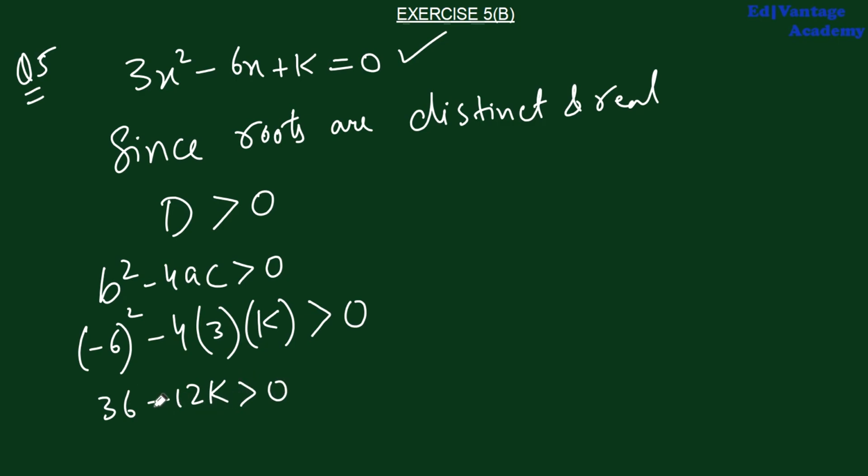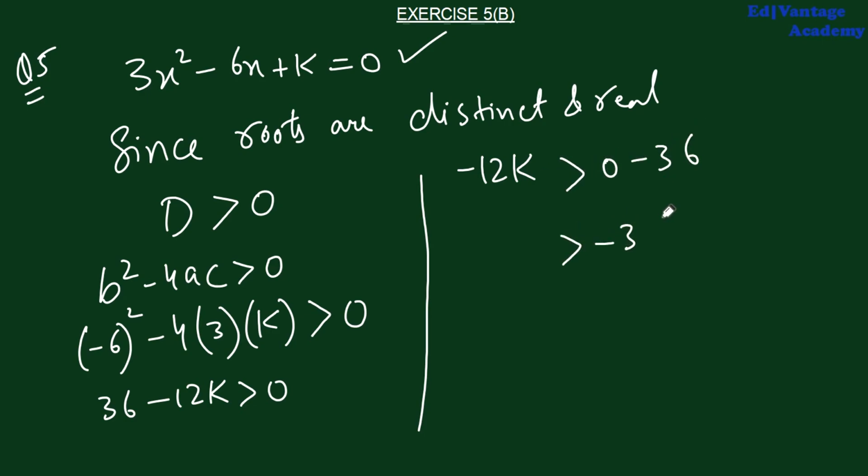How do we simplify it? Same. I'll say 36 goes to the other side, it becomes minus 12k already left. 0 minus 36, that's minus 36, right? Minus 12k. And again here 12 is in multiplication with k, it will go to the other side and become division. But in linear inequation, I taught you when a negative number goes to the other side as division, the symbol reverses.